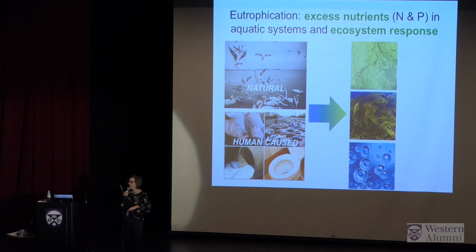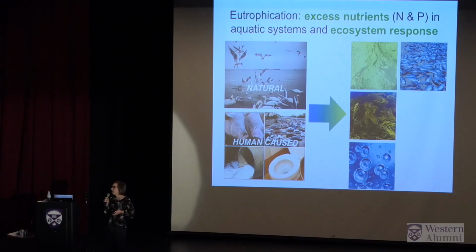You can have a decrease in the oxygen in the water. When you have a lot of living things, you also get a lot of dead things, right? When they die, they decay and use up oxygen, and that leads to a decrease in oxygen. That can further lead to something called fish kills, where a lot of fish die at once in a lake because they don't have enough oxygen.